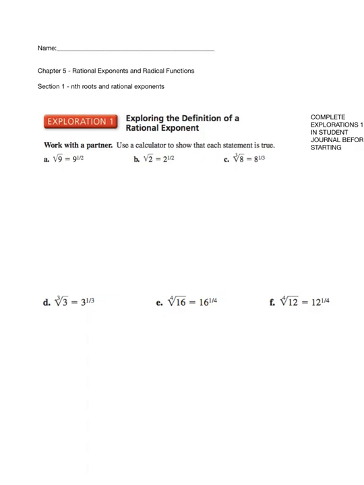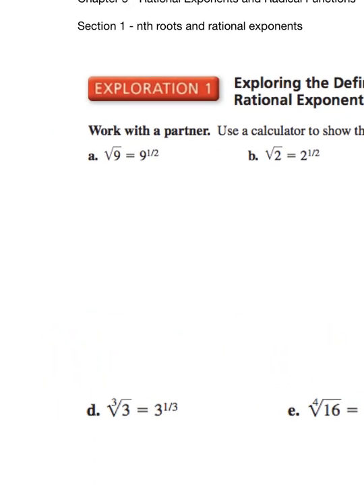We're going to be dealing with these kinds of expressions. What we're asking you to verify is that the square root of 9 is equal to 9 to the 1/2 power. So how do you put that in your calculator? You're going to put in 9, and then you use this little up arrow button, and you're going to put 1 divided by 2.